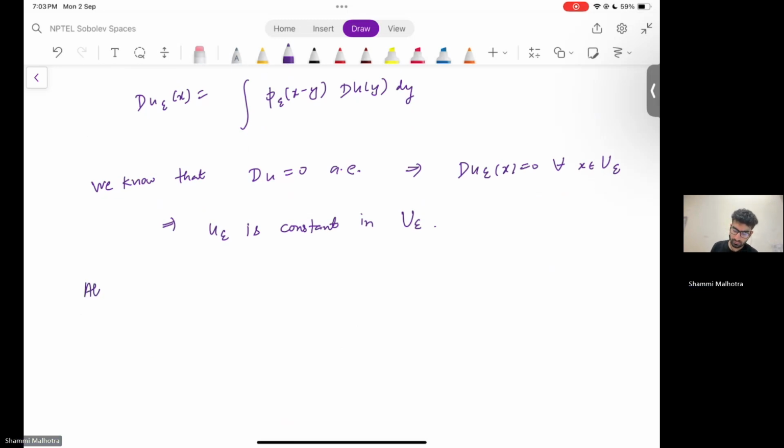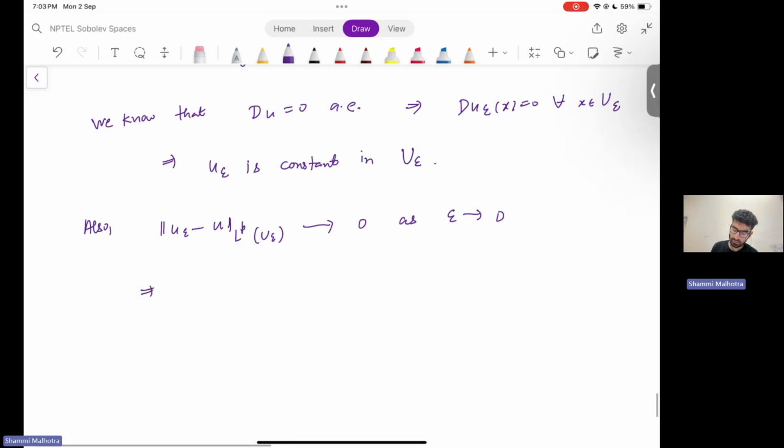Also, we have u epsilon minus u in LP goes to 0 as epsilon goes to 0. What this basically implies is that u epsilon is a sequence of constant functions. So when this converges, it has to converge to a constant function only.